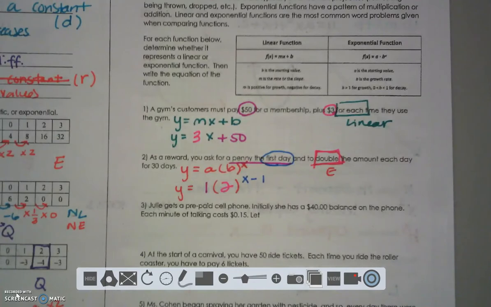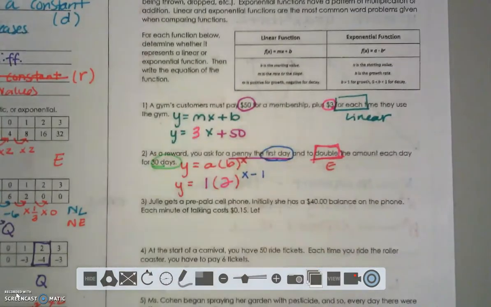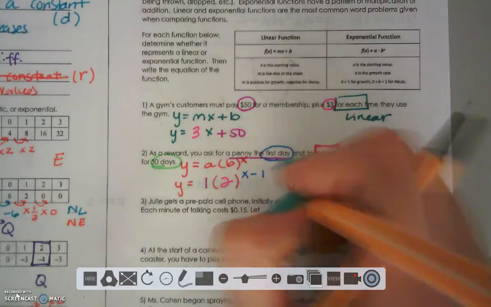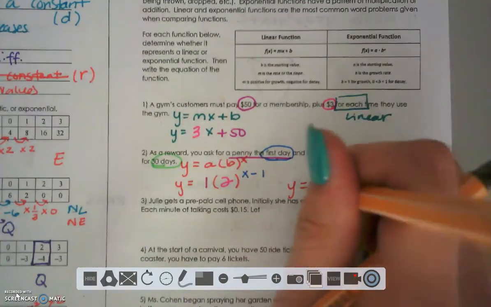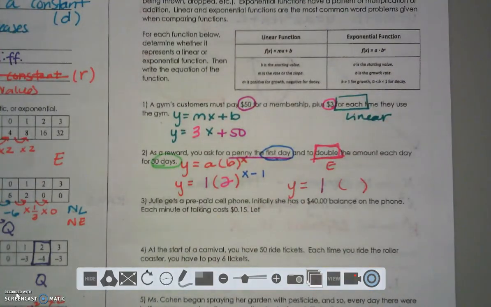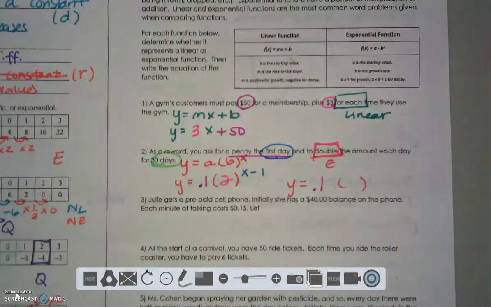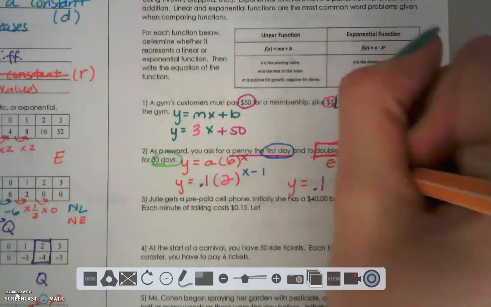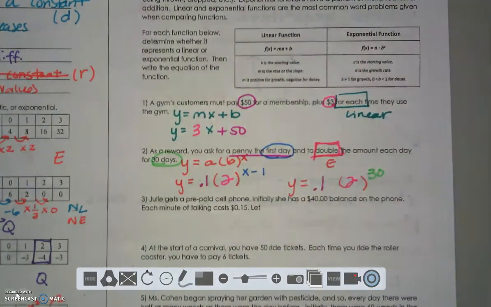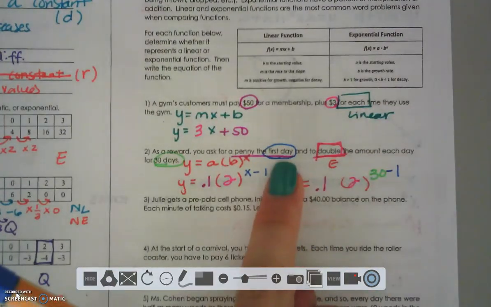They were also nice enough to tell us our time. So if we want to completely write this exponential function, we would write y equals 1 penny, and I guess we need a decimal to represent that that's a penny, not a whole number 1. It doubles, and we're going to do 30 days minus 1 because something has already happened.